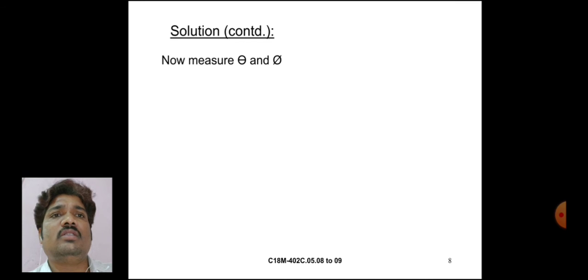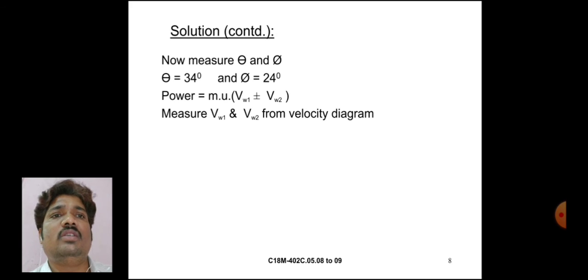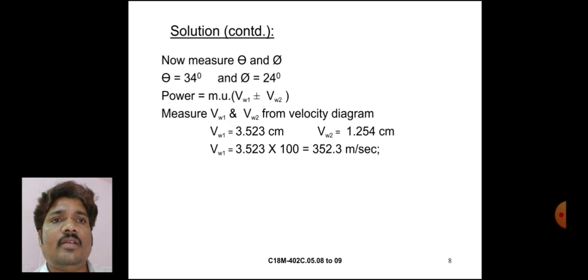Solution from condition. Now measure theta and phi. Theta is 34 degrees and phi is 24 degrees. Power is m e into (Vw1 plus or minus Vw2). Measure Vw1 and Vw2 from the velocity diagram. Vw1 value is 3.523 centimeters, Vw2 is 1.254 centimeters. Vw1 is 3.523 into 100, 352.3 meters per second.